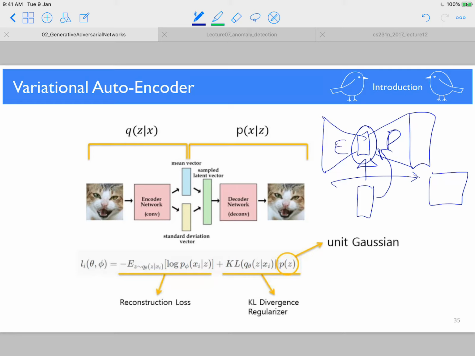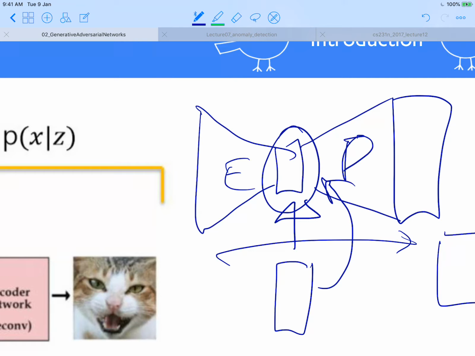Okay, so what was the denoising autoencoder? In the case of the denoising autoencoder, the original autoencoder will just take the original input image.